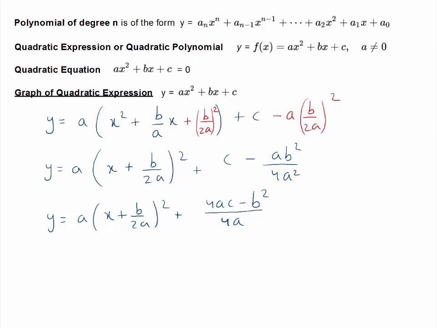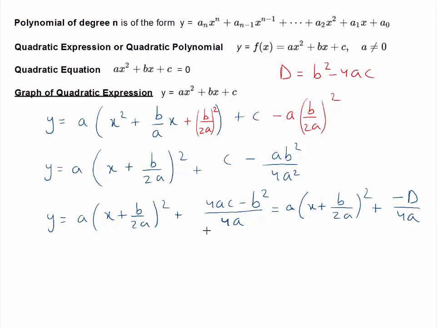Now if you recall, we know the discriminant capital D of this quadratic equation is b square minus 4ac. So we can see that 4ac minus b square would be minus D. So this would be equal to a (x plus b by 2a) the whole square minus D divided by 4a.